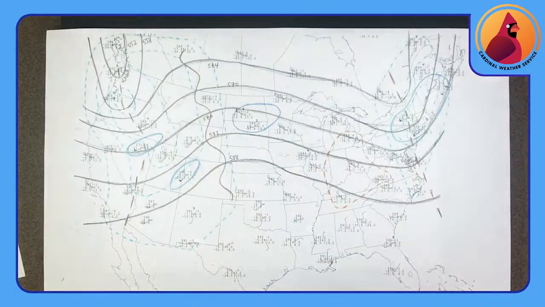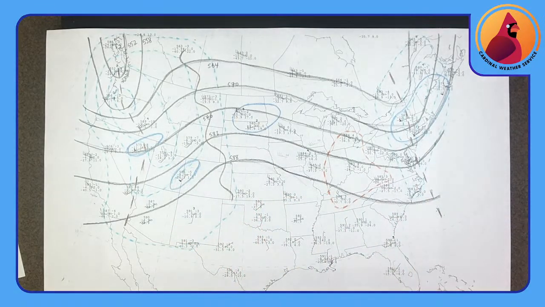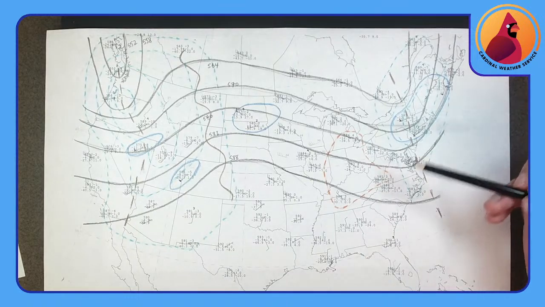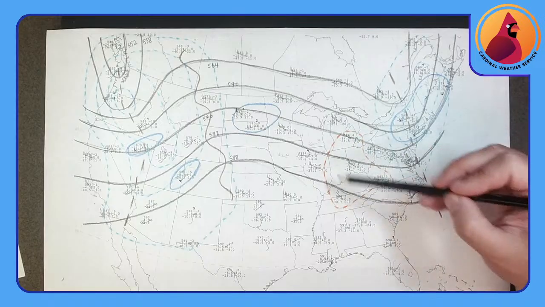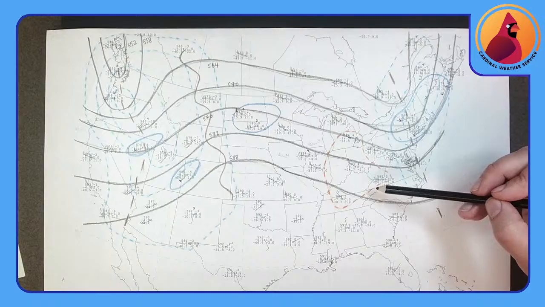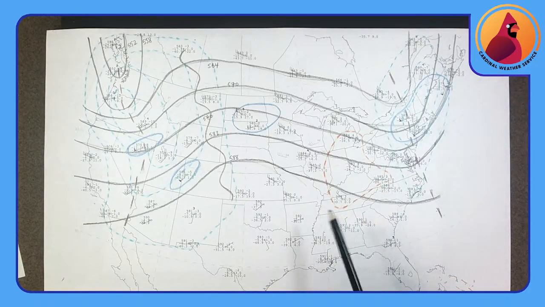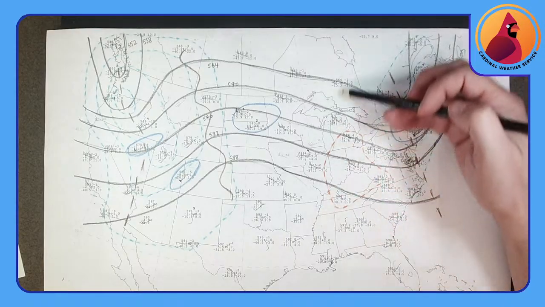This ridge, we have a few small areas with some faster wind speeds. We don't, over the last 12 hours, really have much in the way of appreciable height rises. So height rises, you would see ridging occurring.